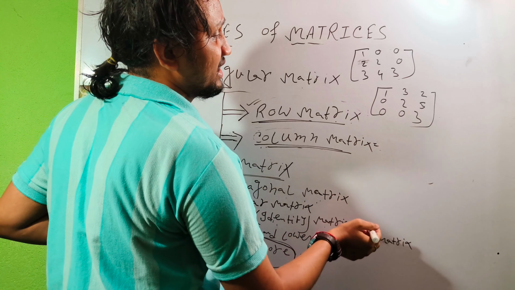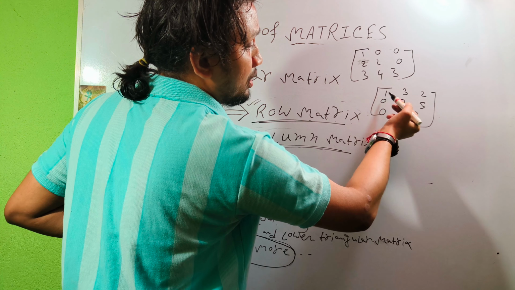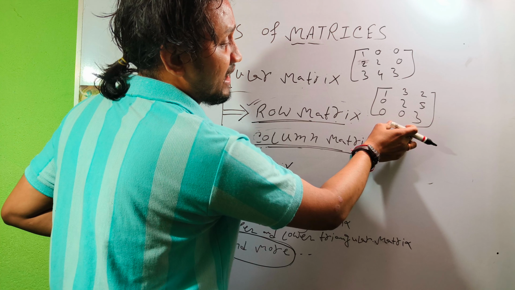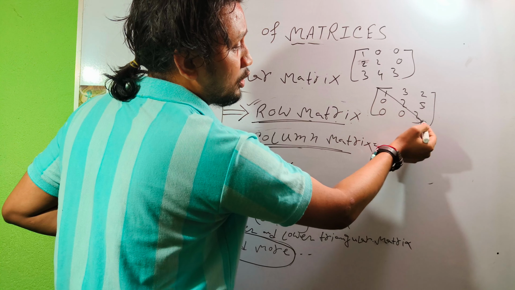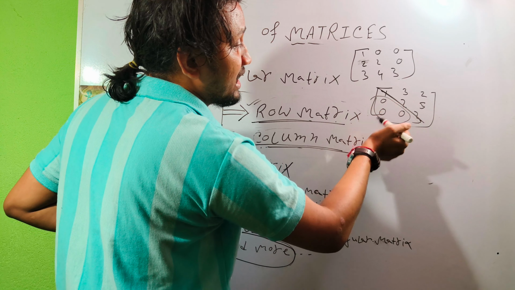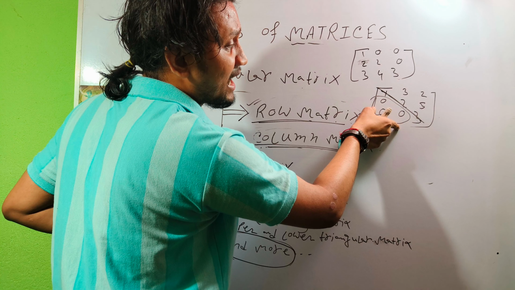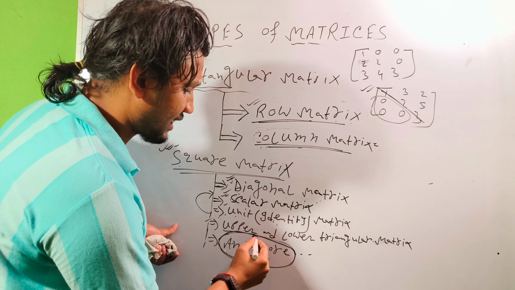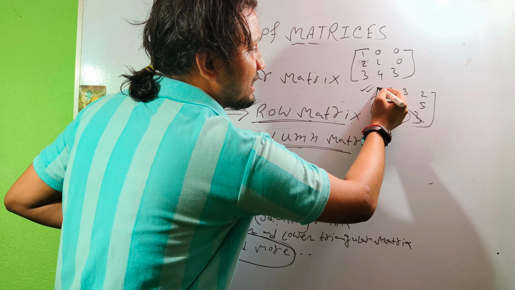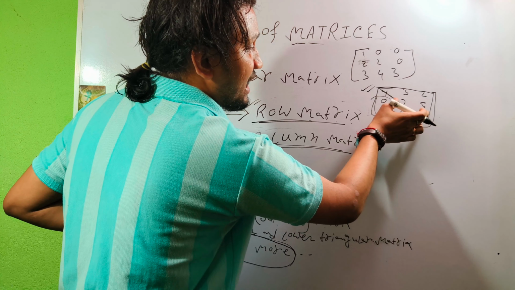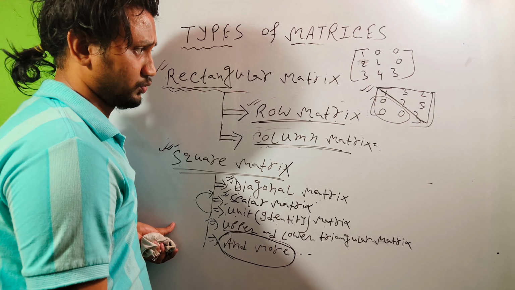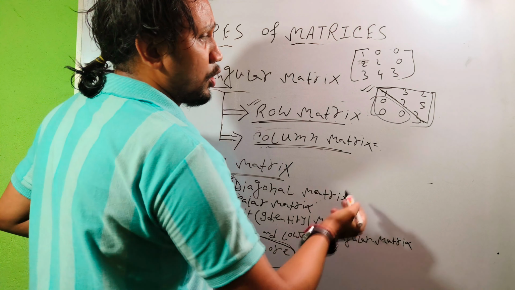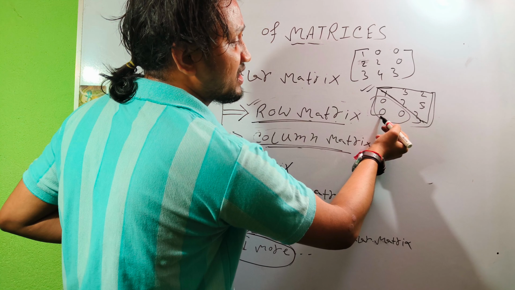For this case, we can see here that all the elements just below the principal diagonal are 0. If all the elements below the principal diagonal are 0, then that kind of matrix is called upper triangular matrix, because we can see from here that on the upper hand side there is a triangle of non-zero elements. Upper triangular matrix is a special kind of square matrix where all the elements just below the principal diagonal are 0.